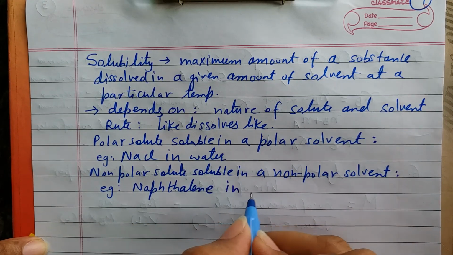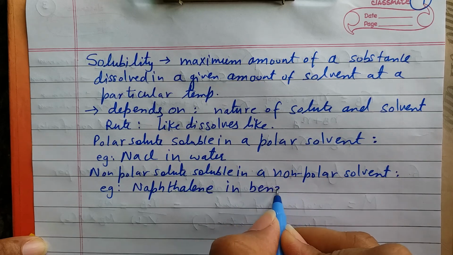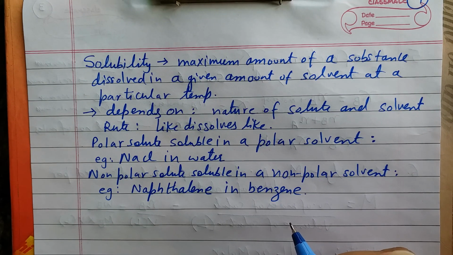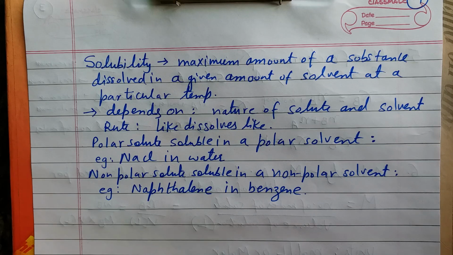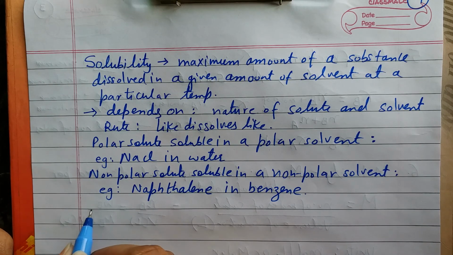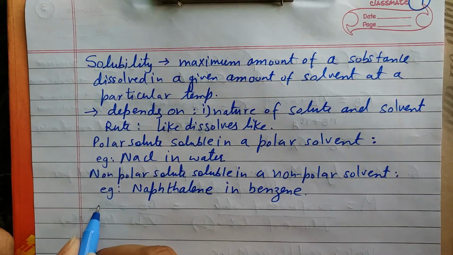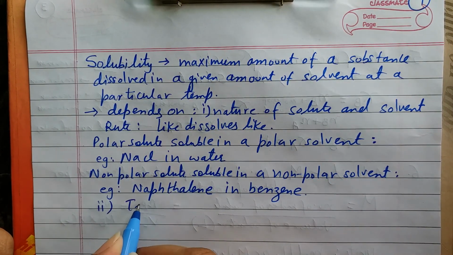So naphthalene is found to be soluble in benzene, because benzene is also a liquid, of no polarity. There also there is no charge separation. So what is the rule of solubility? Like dissolves like.